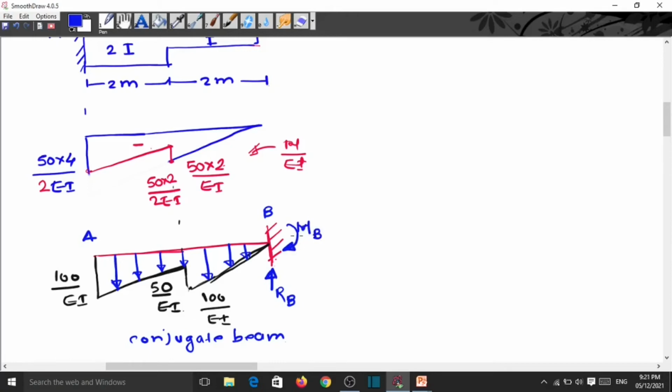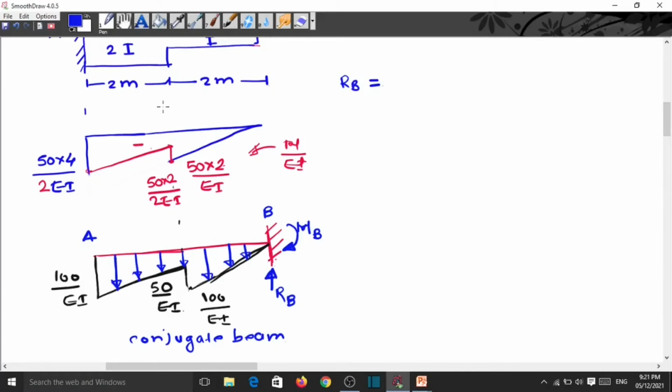Now first our aim is to find RB. The total load on the beam is RB, so RB is equal to the total area of the M by EI diagram.